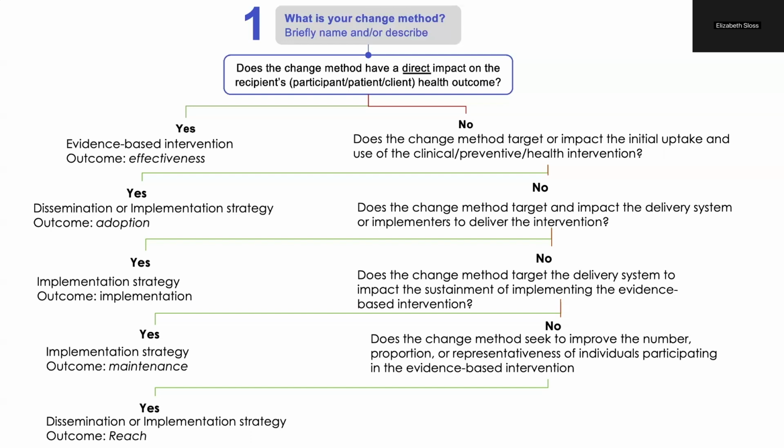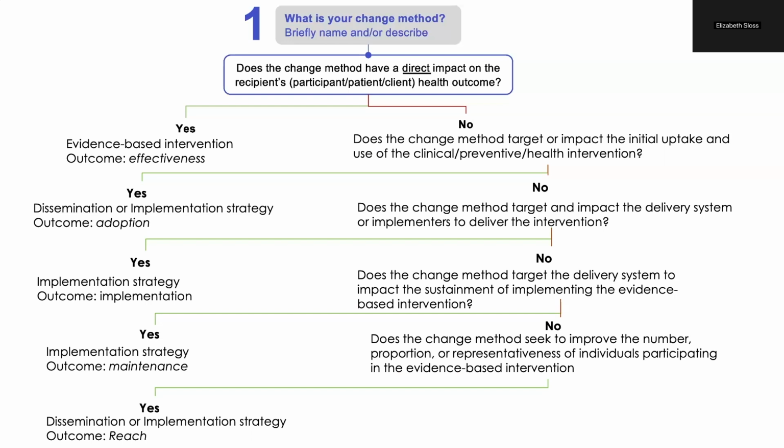We know there's a lot of different components of implementation. You could just look at adherence to protocol, which would be a good fidelity measure. You could look at something like dose received, or dose delivered, I guess, is a better way to think about that. So there are a lot of different ways that we can operationalize implementation. But if your change method is targeted at any of those types of things, it's an implementation strategy.